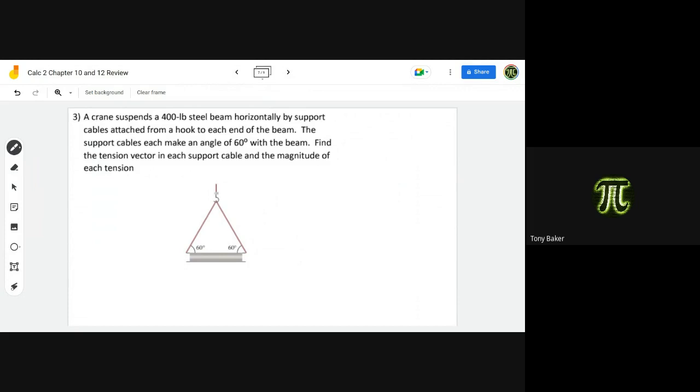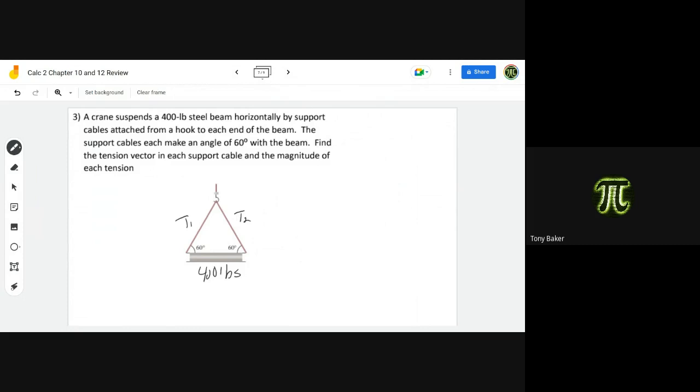So in this case, we're looking for the tension vectors for these. All right, so this is a 400-pound beam, so 400 pounds. We have T1 and T2.